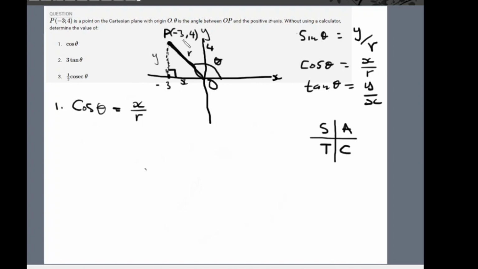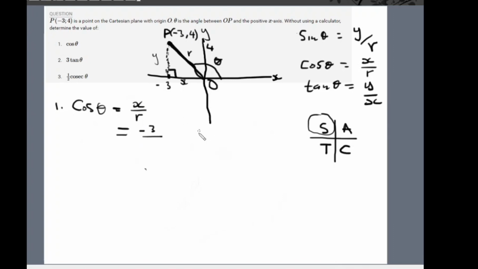So notice that our sketch is in the second quadrant, therefore we expect only sine to be positive there. So when you say cos theta, that is equal to x over r, right? X we know from our point, it's -3.